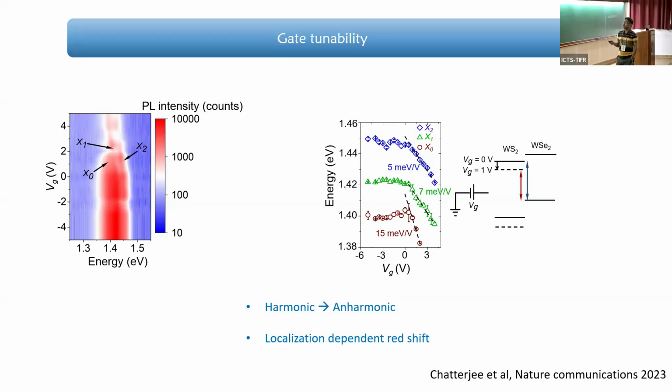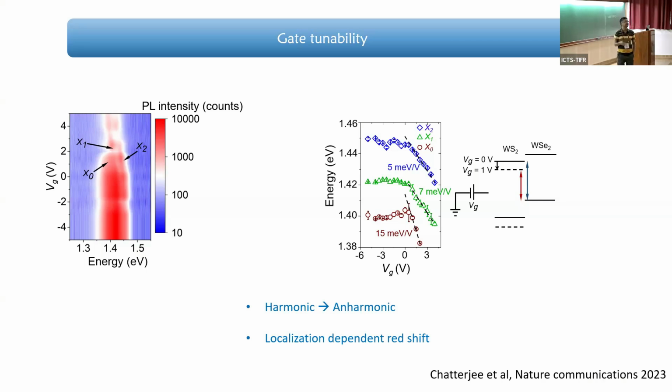And we know that the gate was sitting toward the WS2 side. And we know from our experience that it's very difficult to p-dope WS2, or even MoS2 as a matter of fact. Because of that, it probably just depletes the system, and nothing beyond happens.